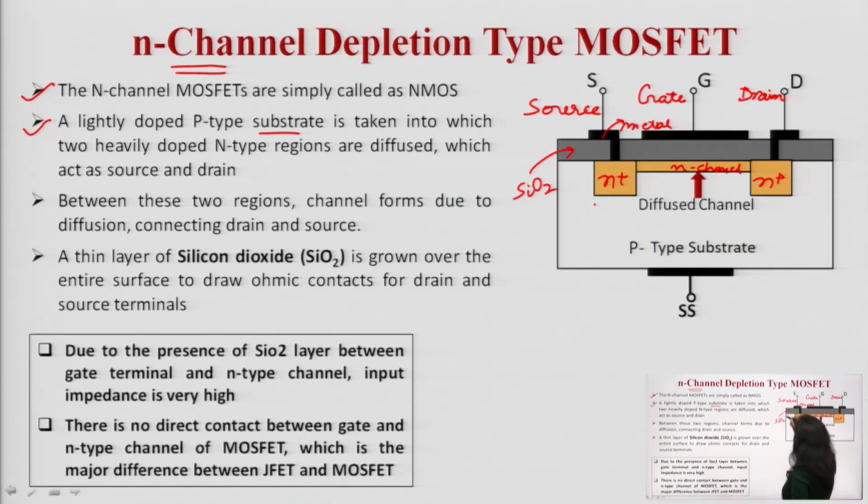Because of the presence of this SiO2 layer between the gate terminal and channel, input impedance is very high over here, and there is no direct contact between the gate and N channel of the MOSFET. That is the major difference between the JFET and MOSFET. There is no direct contact, and this is actually the difference between the junction field effect transistor and the metal oxide semiconductor field effect transistor. So these are very important points.